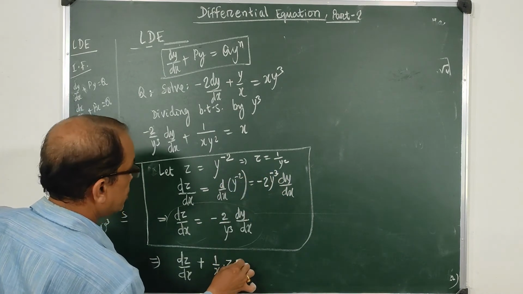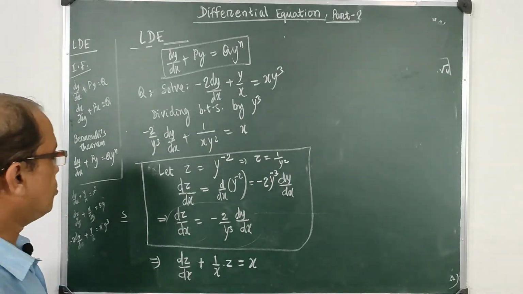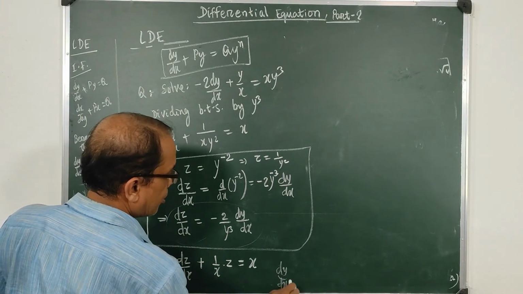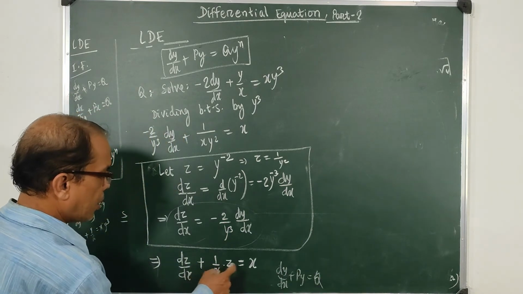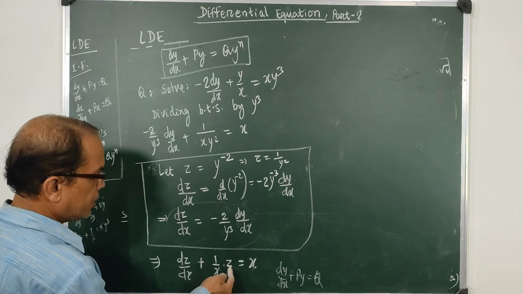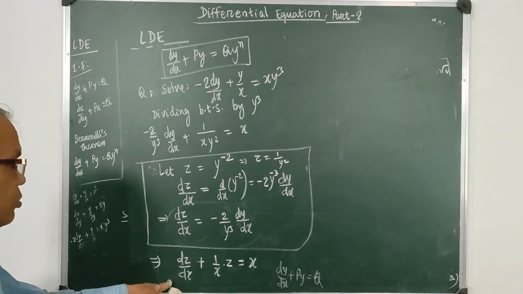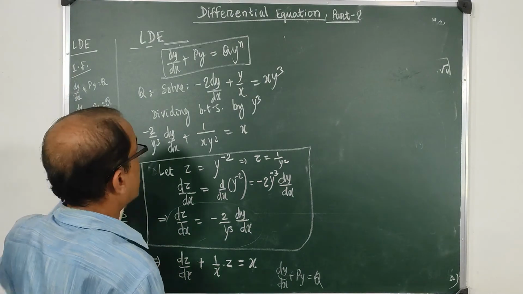So 1 by x into z is equal to x. So this is now in the form dz by dx plus pz is equal to q. See, p and q are functions of x, z is the variable. So this is a linear differential equation, and that can be done in either way. This is the type 1 type.